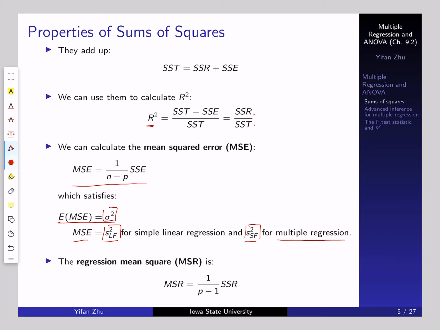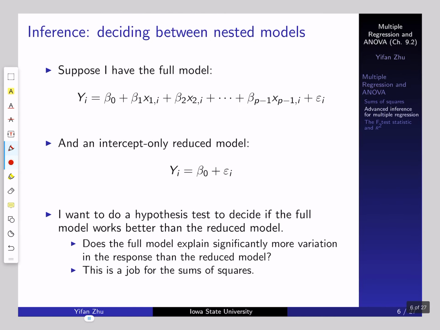And we also have the MSR. MSR is the regression mean square. It is SSR divided by p minus 1, where p minus 1 is the number of predictors. Okay, so this is our multiple regression model: y is equal to beta naught, the intercept, plus beta 1 x1 plus beta 2 x2, up to beta p minus 1 x p minus 1.